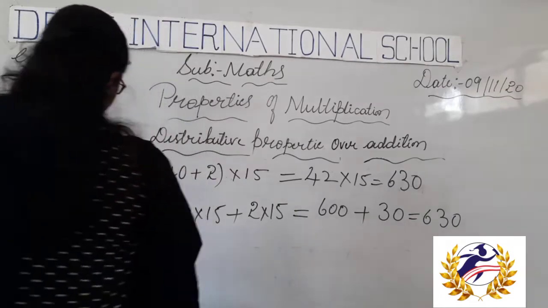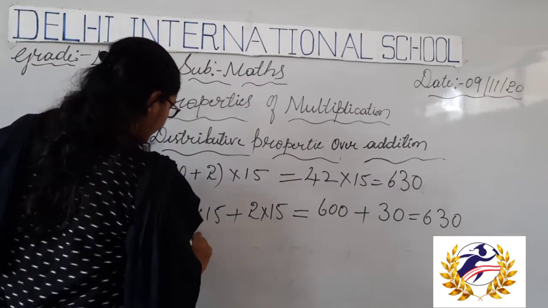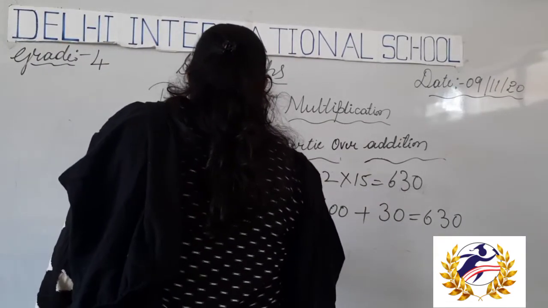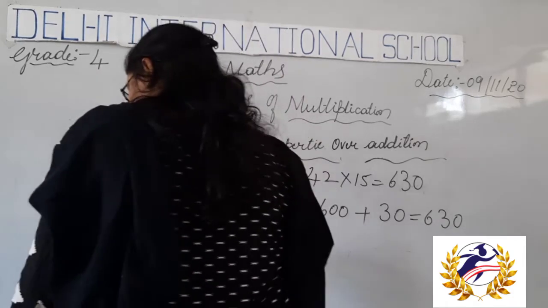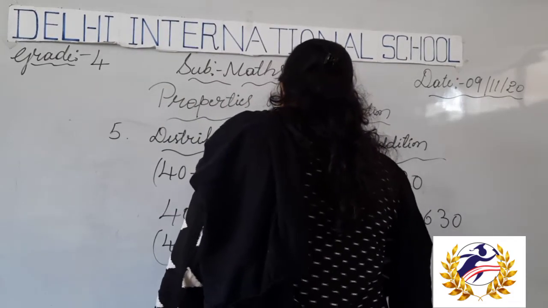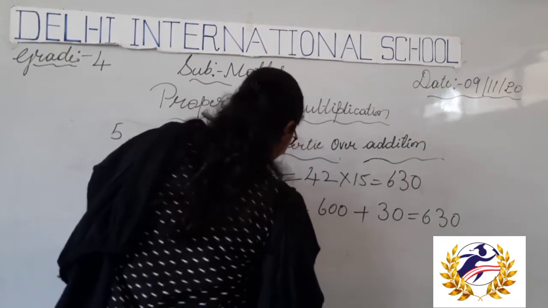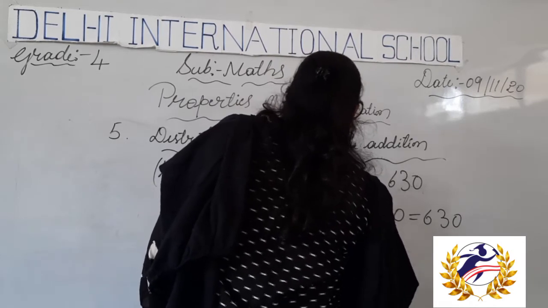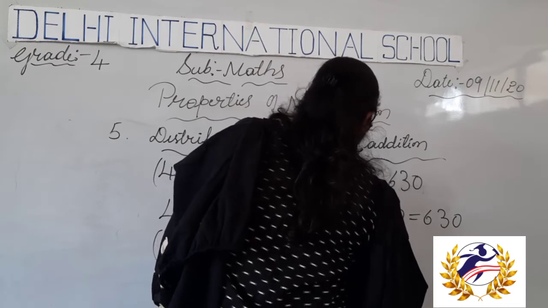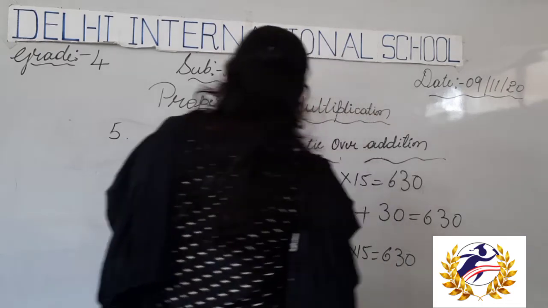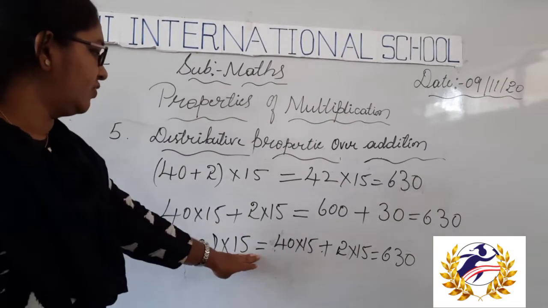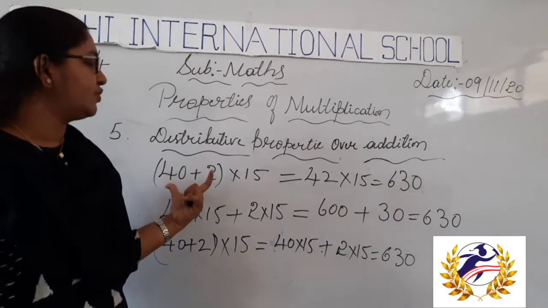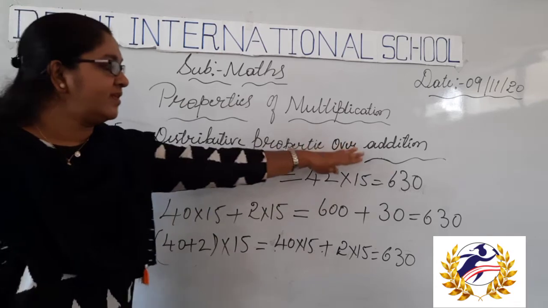Again, 40 plus 2, into 15 is equal to 40 into 15 plus 2 into 15, that is equal to 630. So if we distribute the numbers, the product doesn't change.